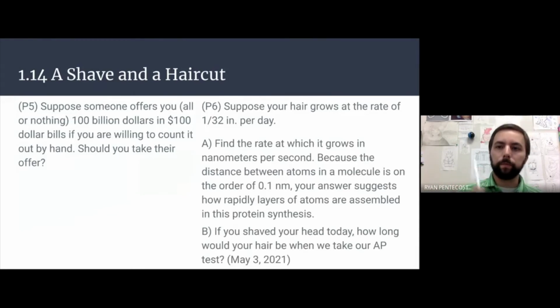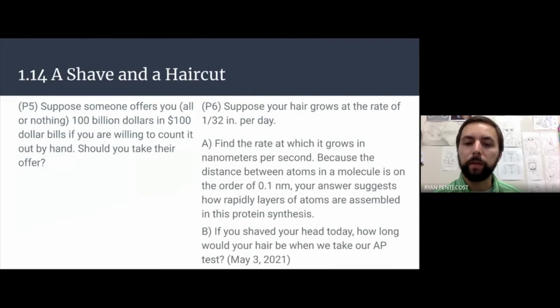Now, another bonus in the chat. If you shaved your head today on August 26th, how long would your hair be when we take our AP exam? Now, the AP exam this year is May 3rd, 2021. So the first person to give the correct answer in the discussion gets a stamp.